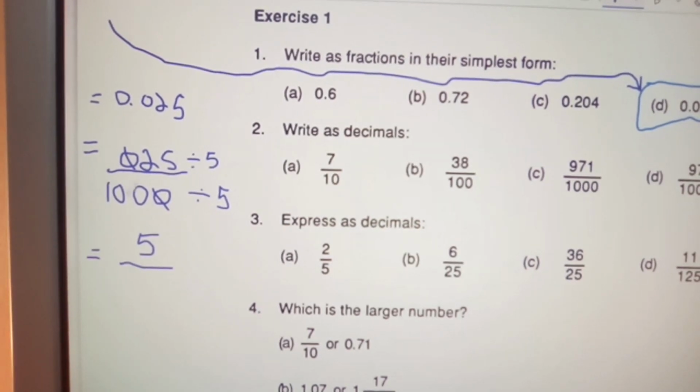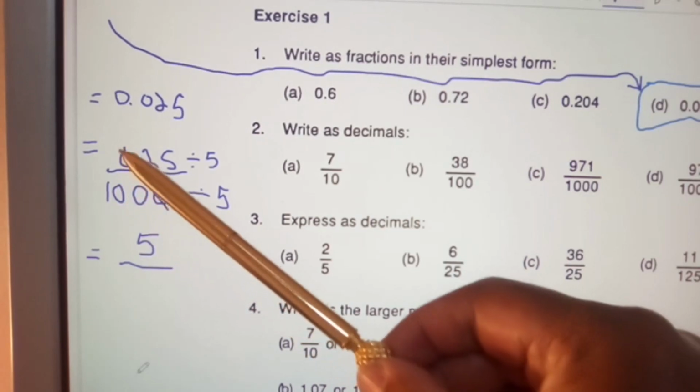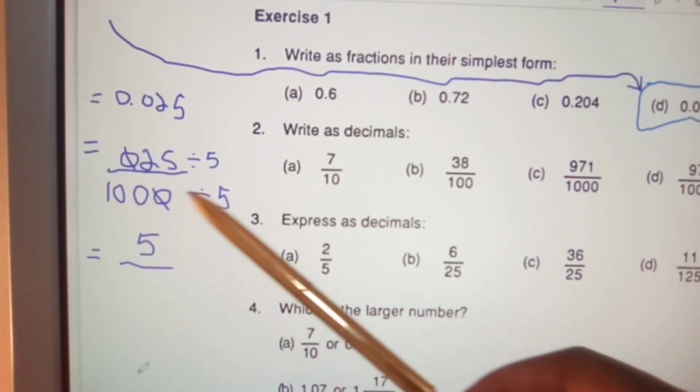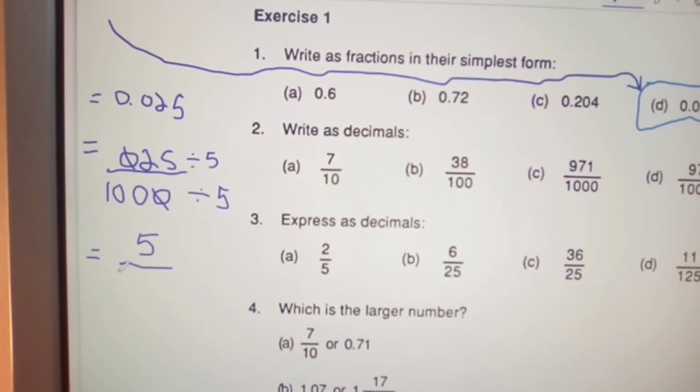So 100 divided by 5 equals what? Come on, tell me. I'm waiting. Equals 20.